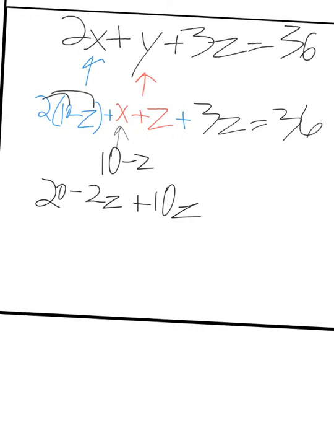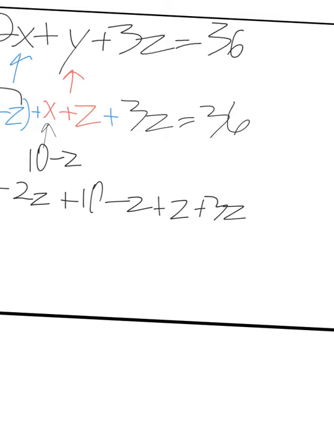And so 20 minus 2Z plus 10, excuse me, I wrote 10Z, 10 minus Z. And then bring down the rest, plus Z plus 3Z equals 36. So now we have a whole bunch of Z's.